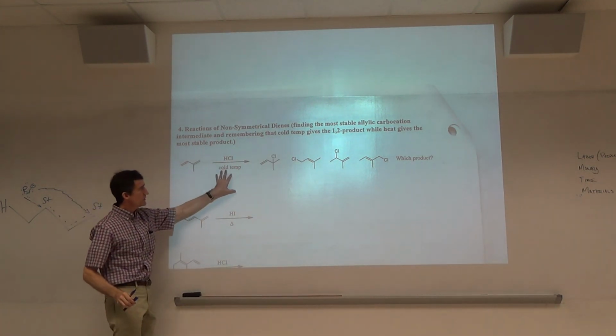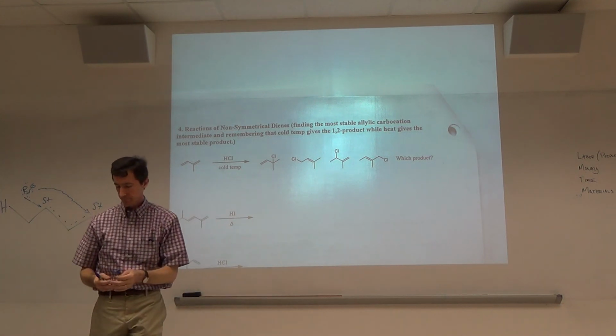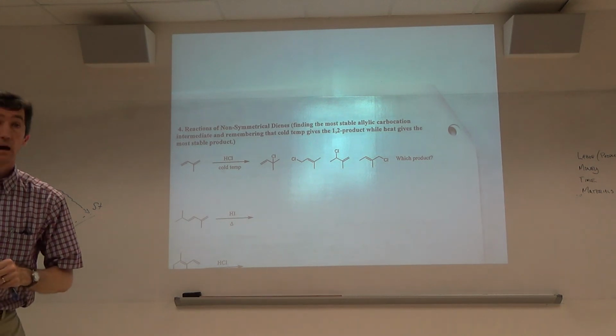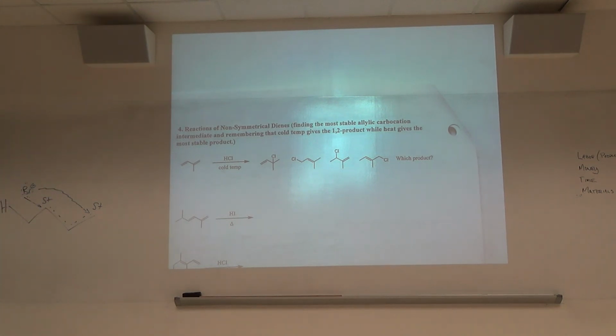If you do HCl at cold temperature, which product's going to form? First off, just state in terms which product's going to form. Kinetically favored. The kinetic product. At cold temperature, your kinetic product, yes. What's the kinetic product when you're doing conjugate additions, or 1,2 versus 1,4?